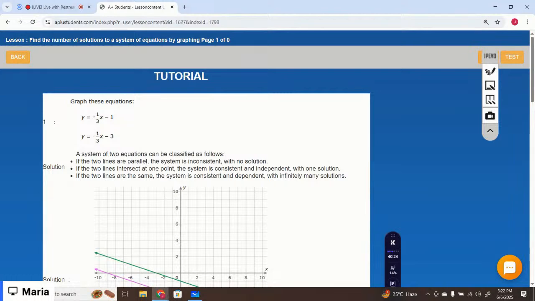Graph these equations y equals negative 1 by 3x minus 1 and y equals negative 1 by 3x minus 1. So a system of equations can be classified as follows.